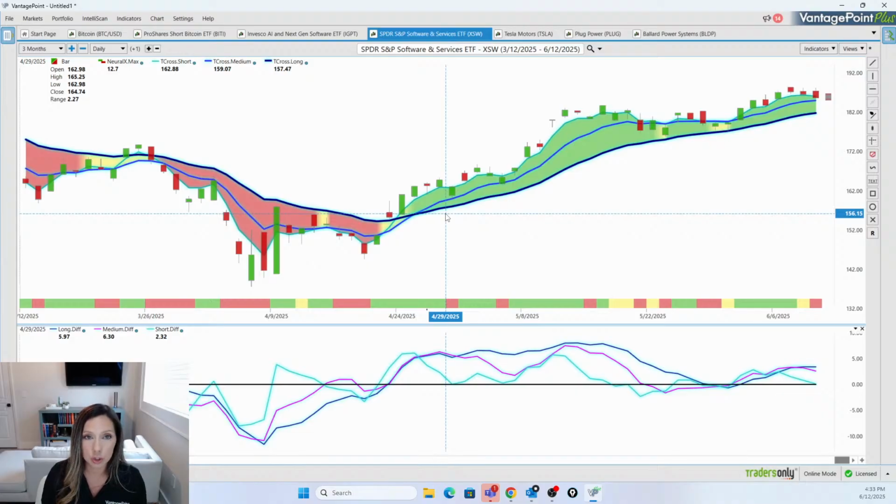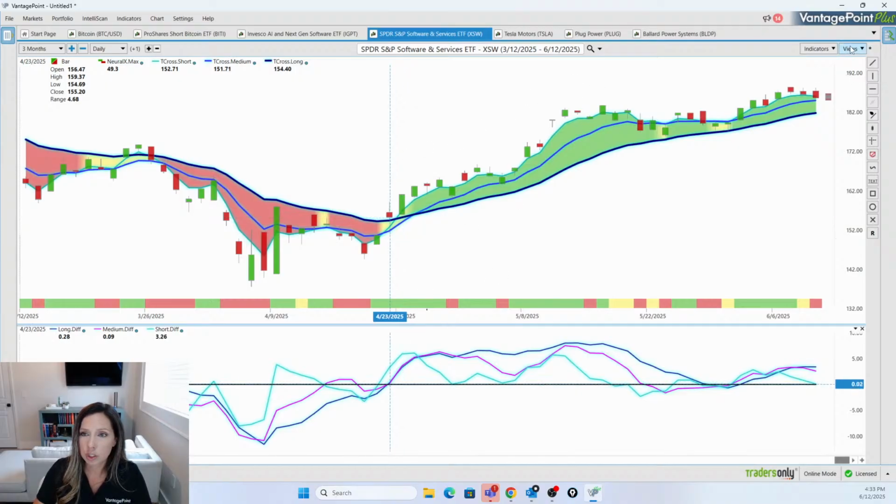And so have some of these trends. And so to use that innovation in a way that helps you to take advantage of some of these explosive trends is exactly where the power in VantagePoint really shines brightest. And so taking a look at another very explosive trend, we can see that we did have our crossover come right back here.